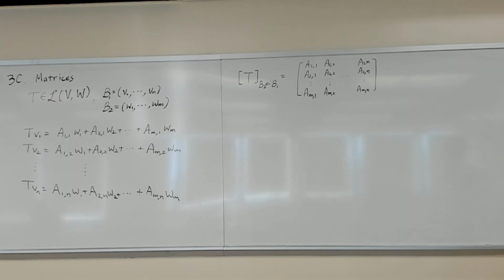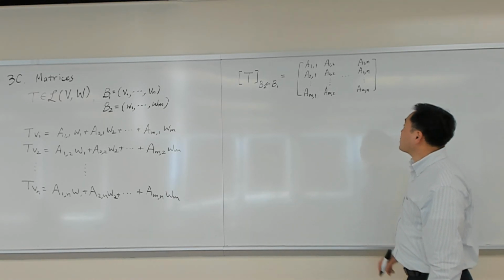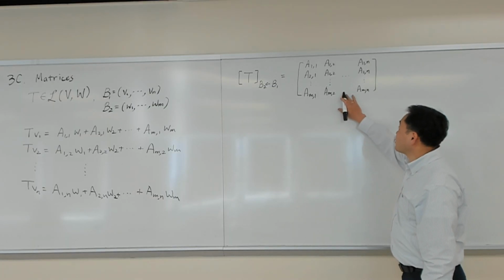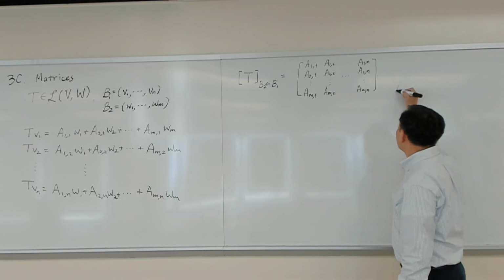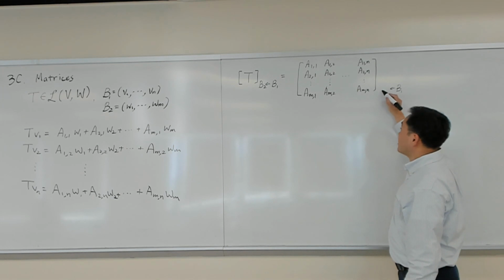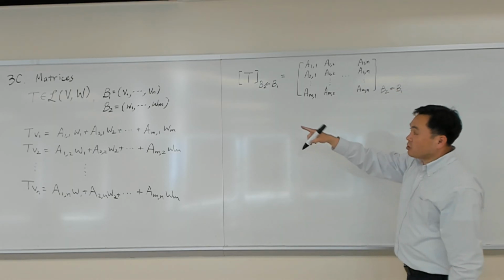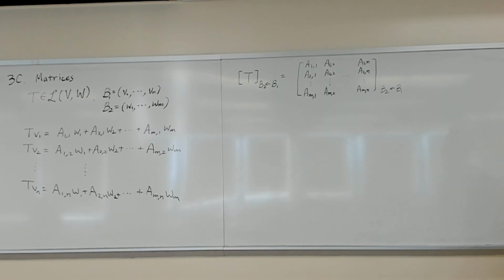That's how I explained it, and sometimes you do want to remember that this is the matrix which uses B1 as the basis for the domain vector space, and then B2 as the basis for the target vector space. So that's what we did earlier in the semester.